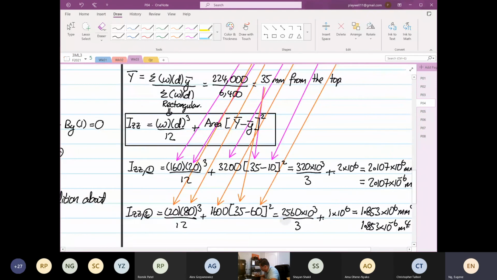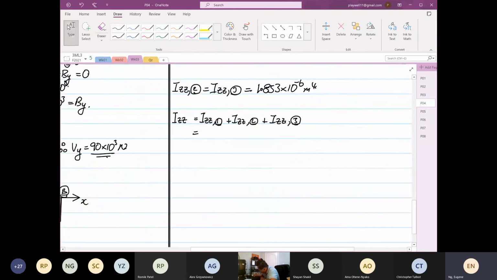IZZ1, we know that is 2.107 times 10 to the power of minus 6, plus 1.853 times 10 to the power of minus 6, plus 1.853 again times 10 to the power of minus 6. So this is equal to 5.813 times 10 to the power minus 6 meter 4.